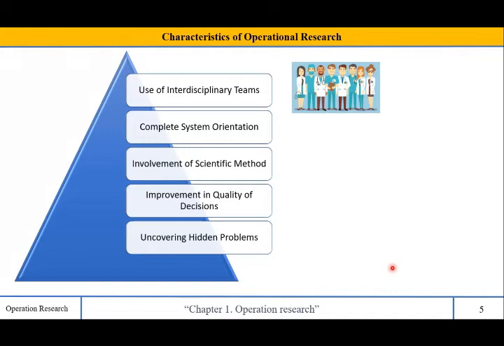So this team brings an interdisciplinary approach that will bring a solution in a different way with the involvement of knowledge from different areas. If you use a single team having a single knowledge, it won't be useful to you. But having a collective mind from different parts will bring very wonderful characteristics to operational research.